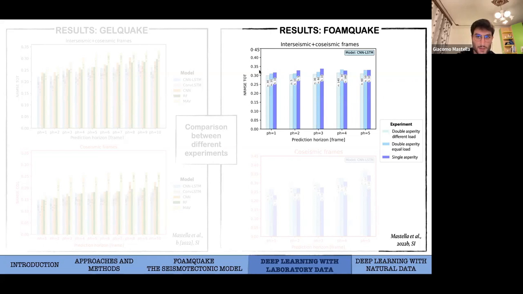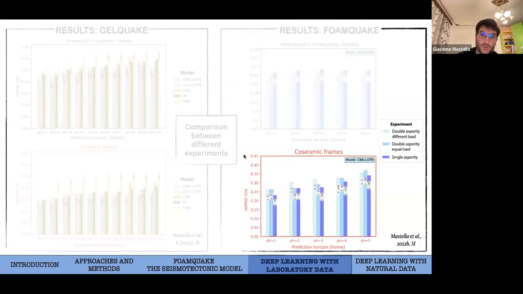In this case, you can see that the experiment characterized by the lowest error is the double asperity model with a different load above the asperities. This is simply due to the fact that the load controls the level of noise of the interseismic deformation. Given that in this experiment you have the largest load above the asperities, this makes the prediction easier to obtain.